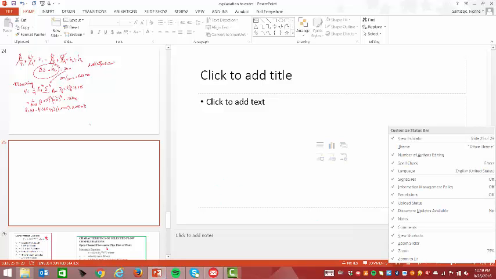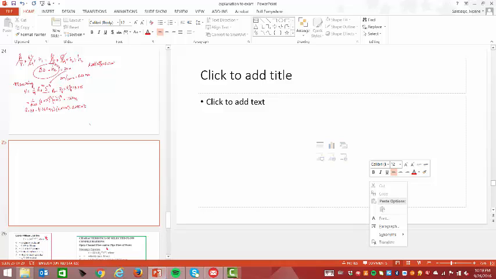For Darcy, remember we have hf equals f L over D, V squared over 2g. So we can solve for the velocity using Darcy, and this is one of the ways: V equals the square root of hf D 2g over f L.